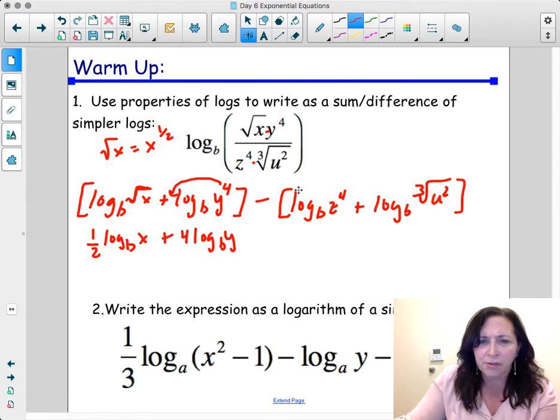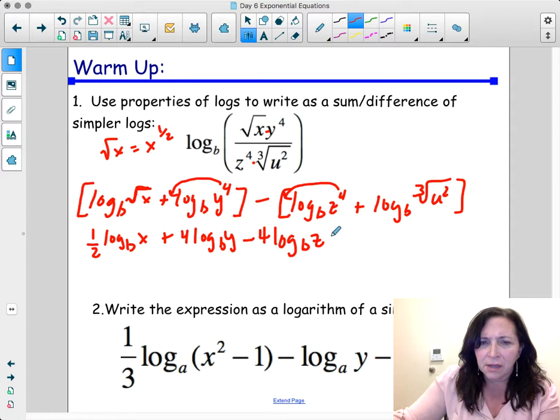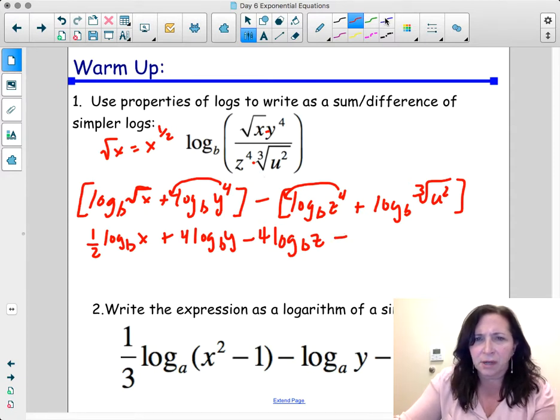We're going to distribute this minus sign to both of these terms here. So it's going to be minus, for this one, it'll be 4, because this 4 is going to go out front also. So we have 4 log base b of z, and then minus, because a lot of people forget this minus goes to this quantity and that quantity.